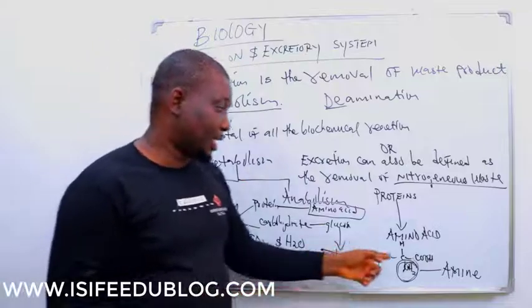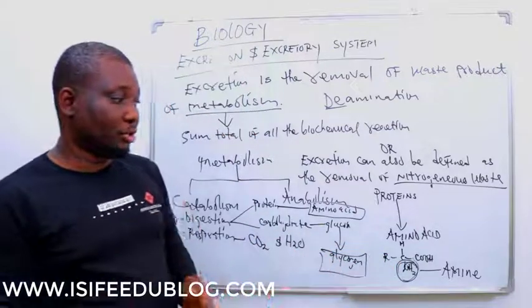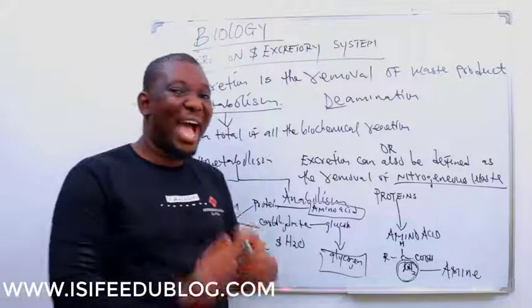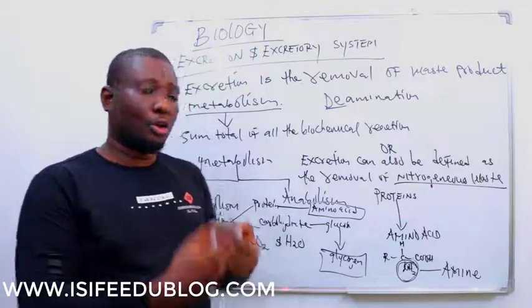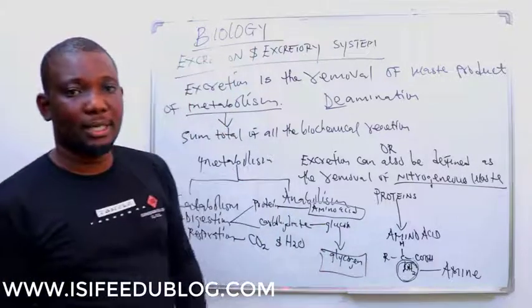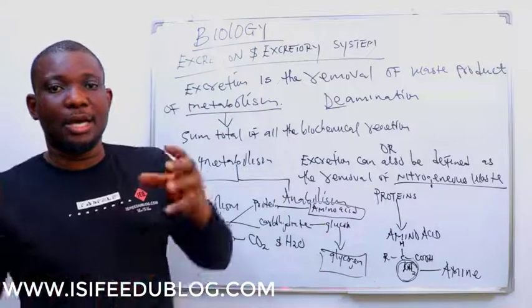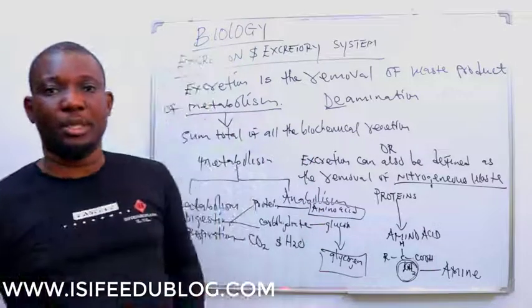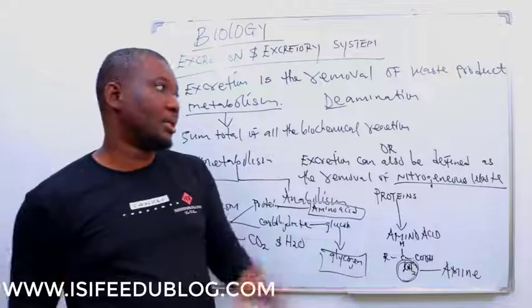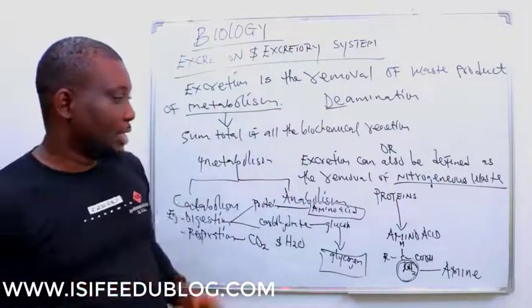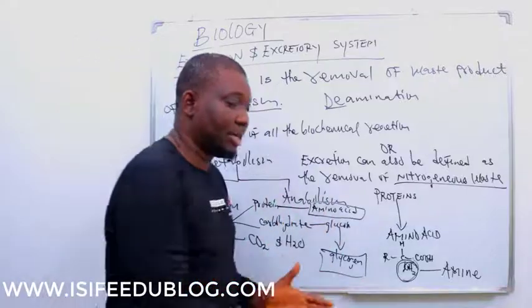But in this aspect, deamination is the removal or breakdown of the amine group or nitrogenous group of amino acid. That is deamination. And the organ responsible for this deamination process is the liver, not actually the kidney that removes this amine.